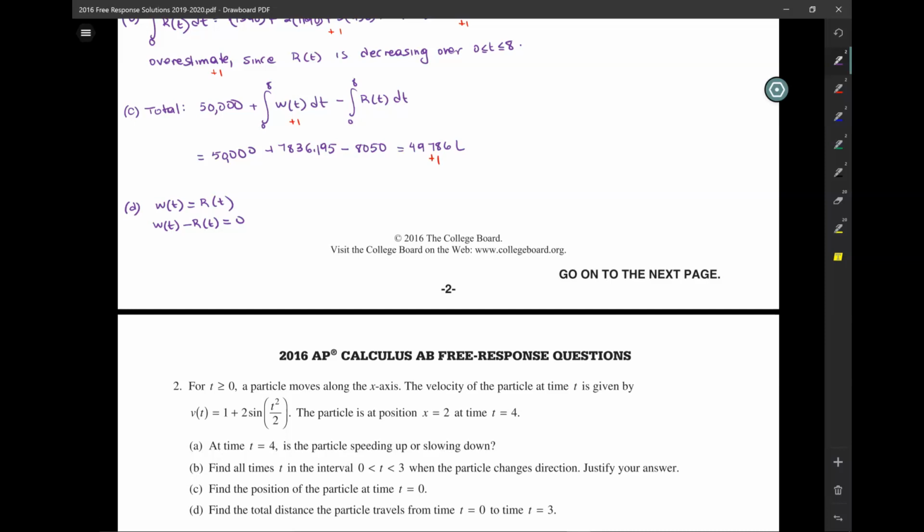So let's see how we're going to do this one. What we need to consider is that the quantity W minus R is at some point 0. One way to show that: because both of these functions are continuous, so is the difference.